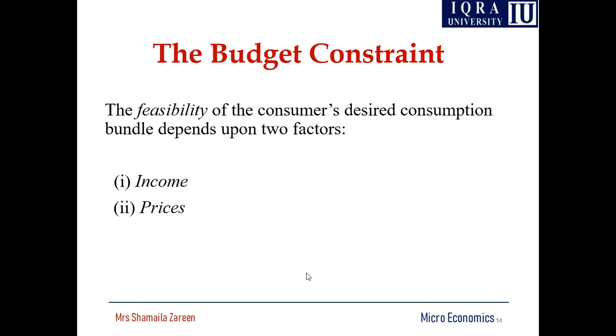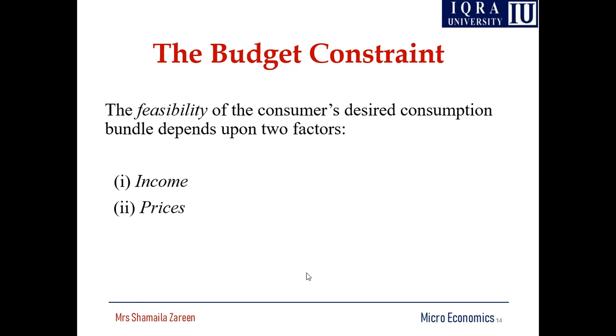For that, we have to know about the phenomenon of budget constraint. It means the person has a limited income, and within that limited income, he has to maximize his utility. He wants to maximize his utility in each case.